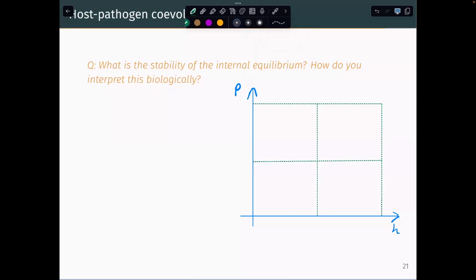So my null lines are at H is 0, H is a half, and H is 1. P is 0, P is a half, and P is 1. So we actually have null lines on the axes here as well. It's kind of hard to see them. And then we have equilibria on our boundaries, and at this interior equilibrium in the middle.